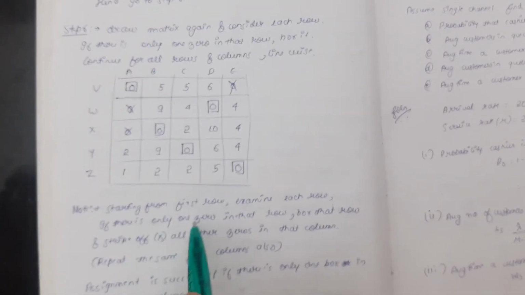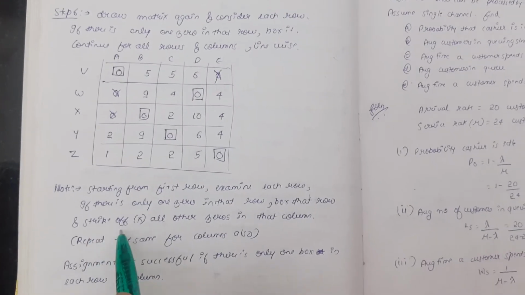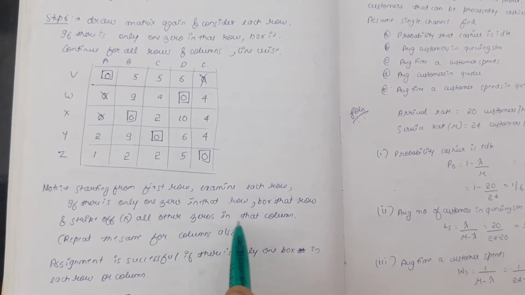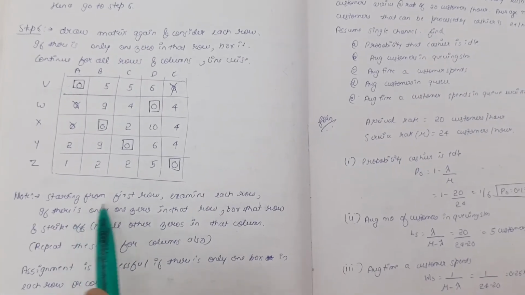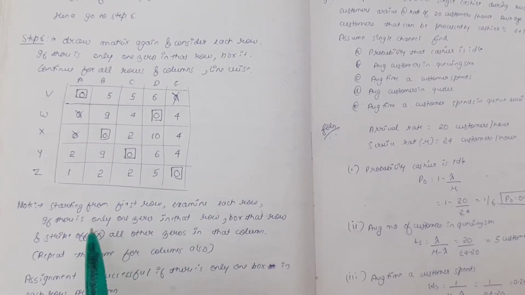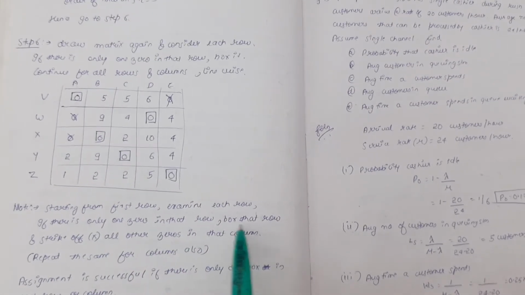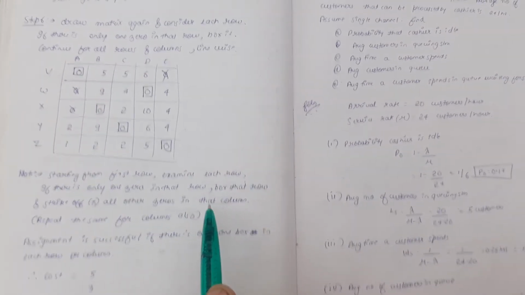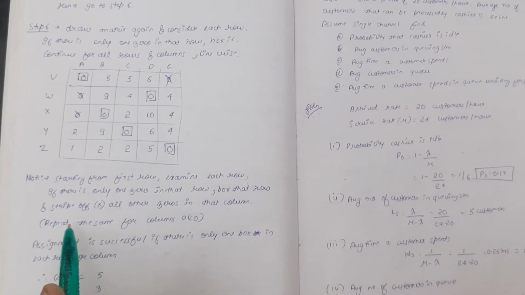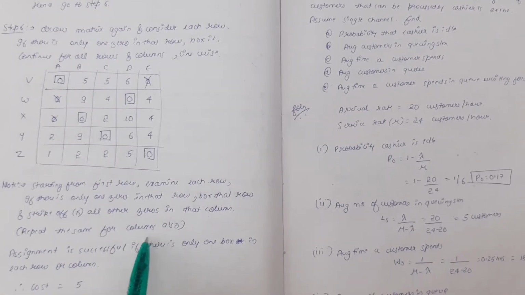If there is only one zero in that row, we box it and strike off all the other zeros in that column. After doing it for all the rows, we repeat it for the columns also.